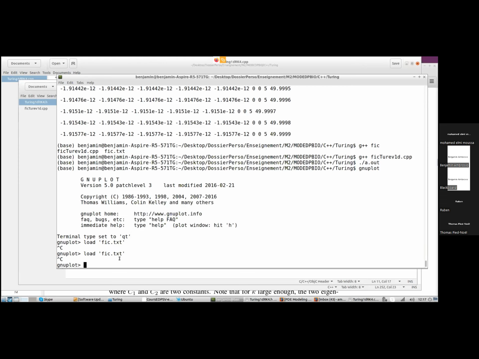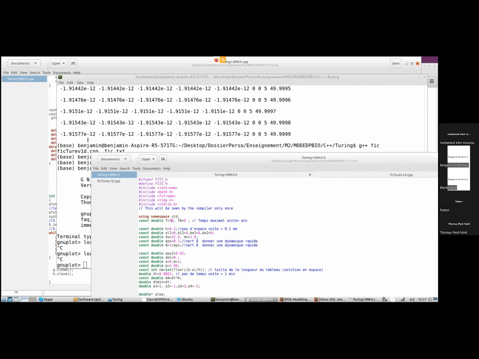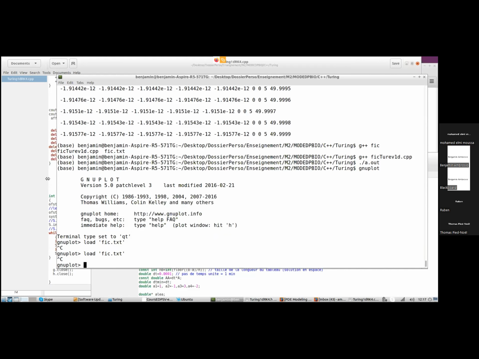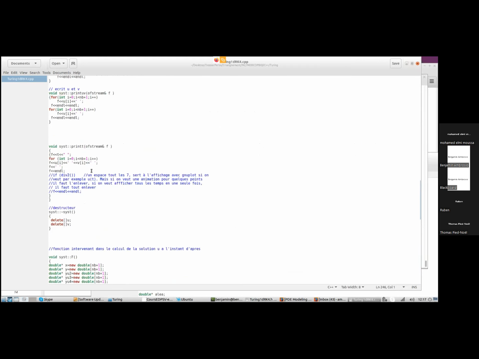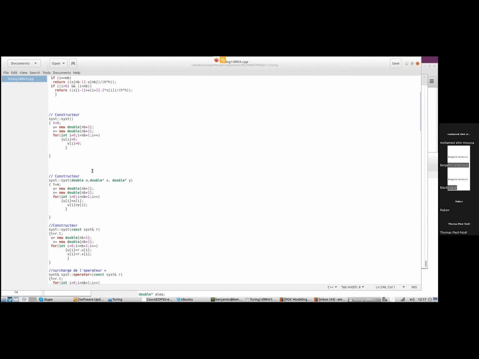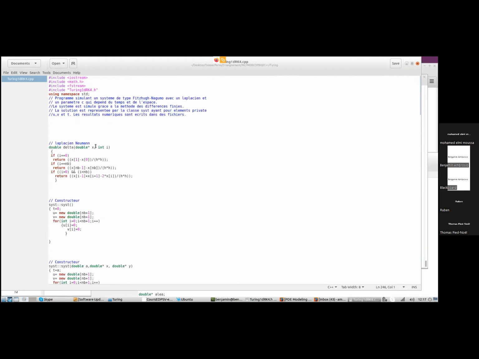There's computation, but I didn't need to take such a big du, because my sigma 1 is more or less 0.1.